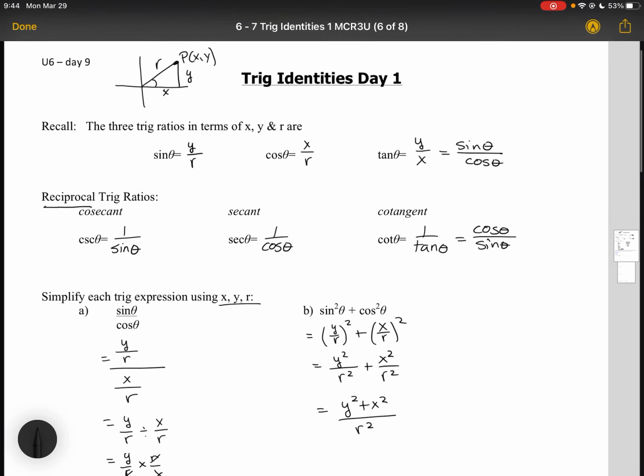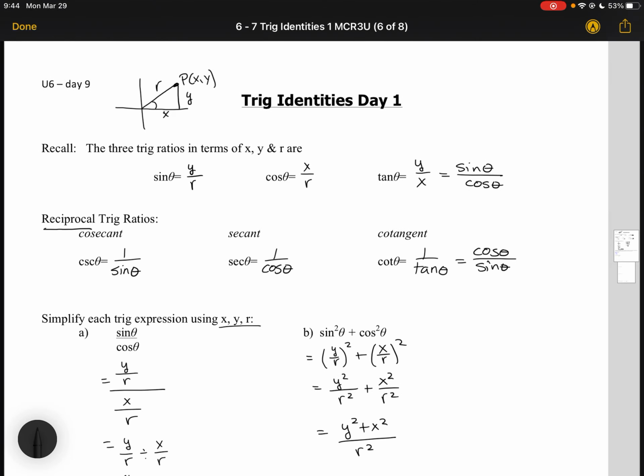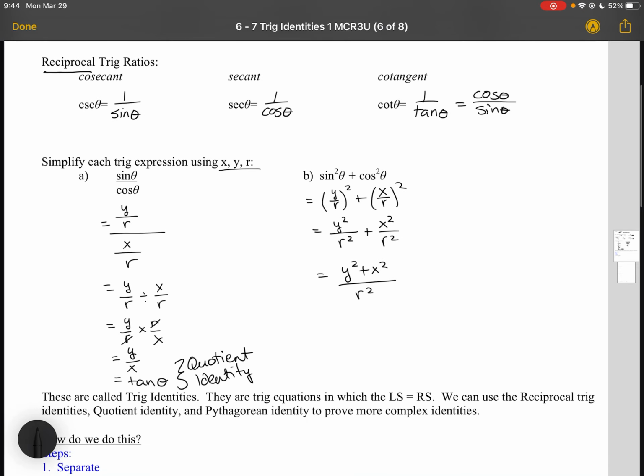Going back to my triangle that I drew up here, because of the Pythagorean theorem, x squared plus y squared is actually equal to r squared, which means that sine squared theta plus cos squared theta is actually equal to 1. And this is called the Pythagorean identity.